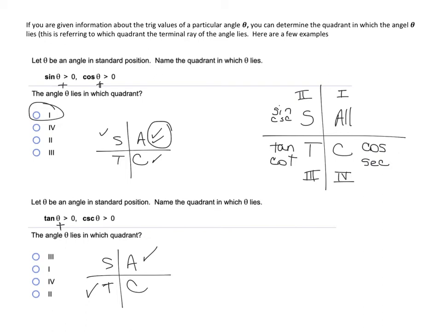Cosecant is greater than 0. This is positive also. Remember, cosecant and sine go together. So it is positive. Everything's positive in quadrant 1, and cosecant and sine go together, so that would be positive in quadrant 2. Once again, the only quadrant that satisfies both is quadrant 1. So this one's quadrant 1 also.